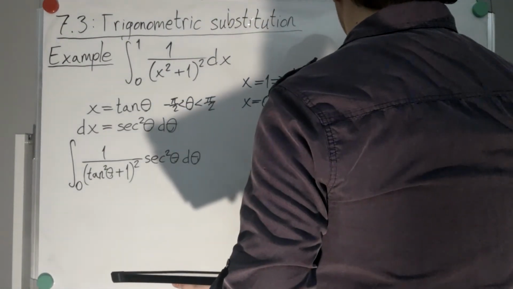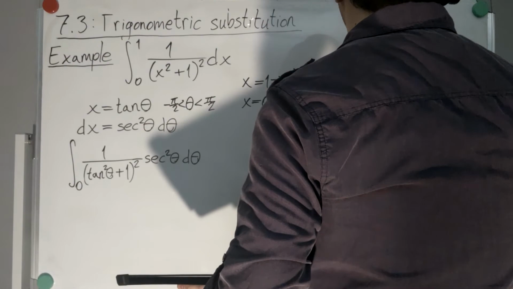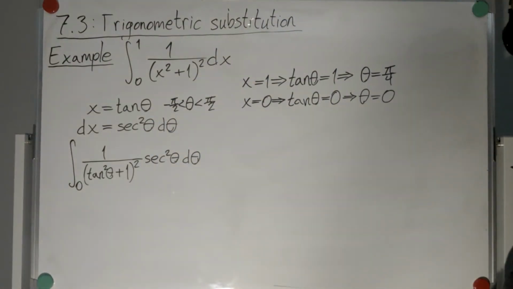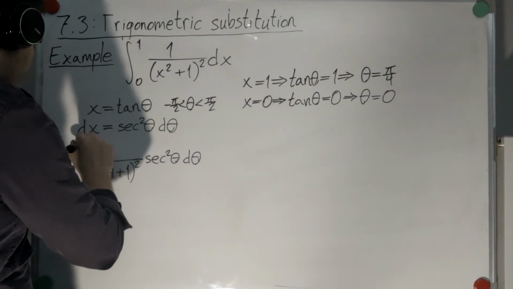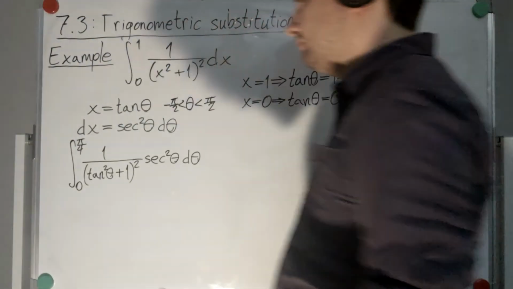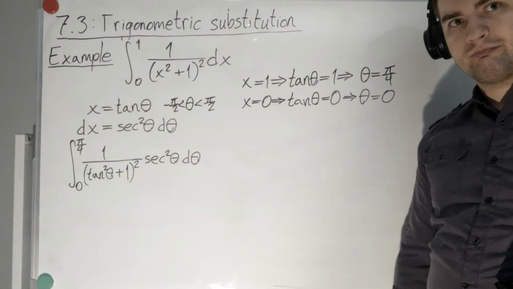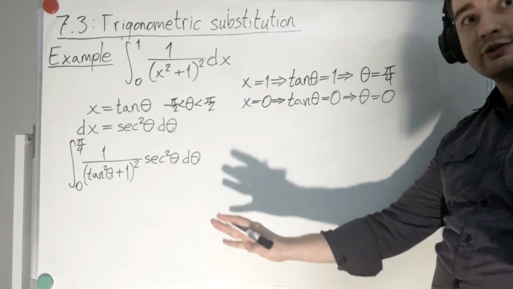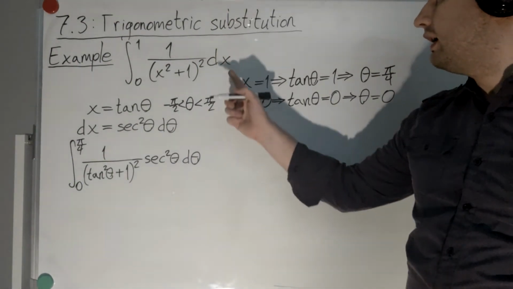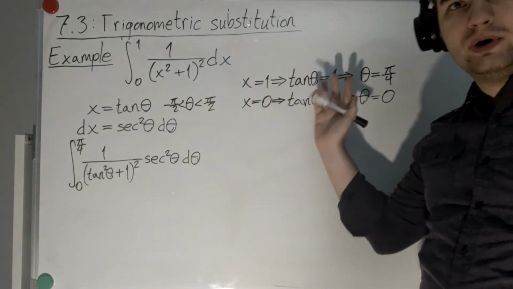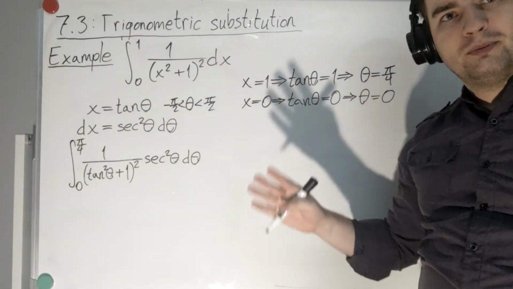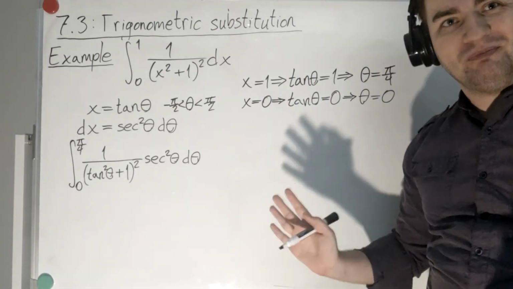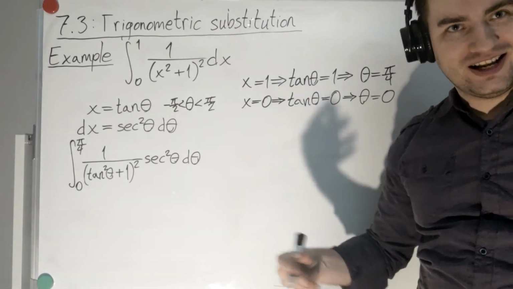So theta has to be pi over 4 in that case. And so our upper bound here becomes pi over 4. Okay? So it's just like U substitution. We're just saying if x is this, then U is that. If x is this, then theta is that, whatever. But as you can see, it's just a little bit more complicated just because it has trig in it.